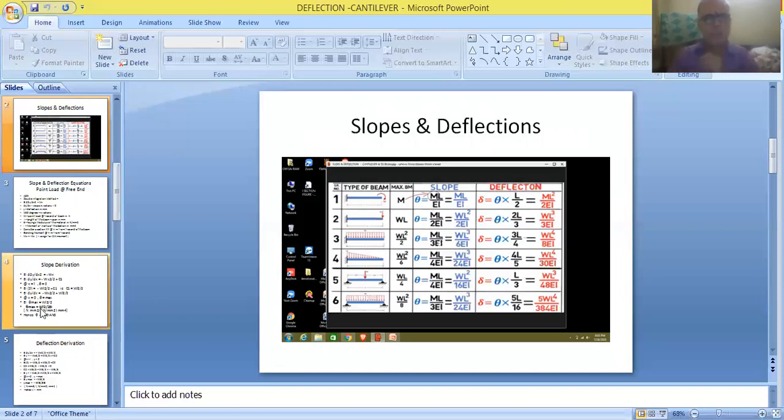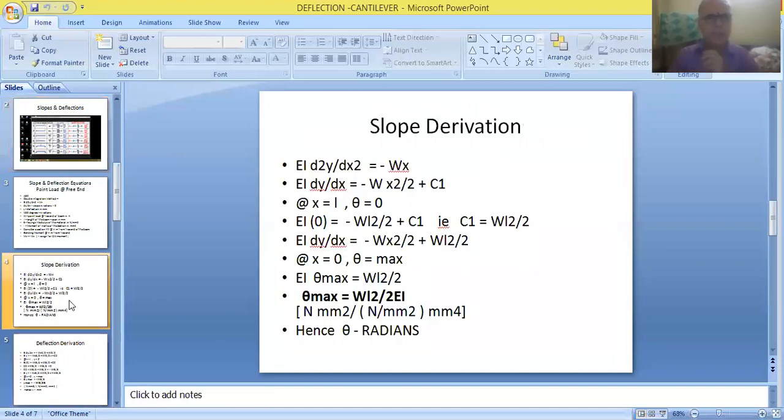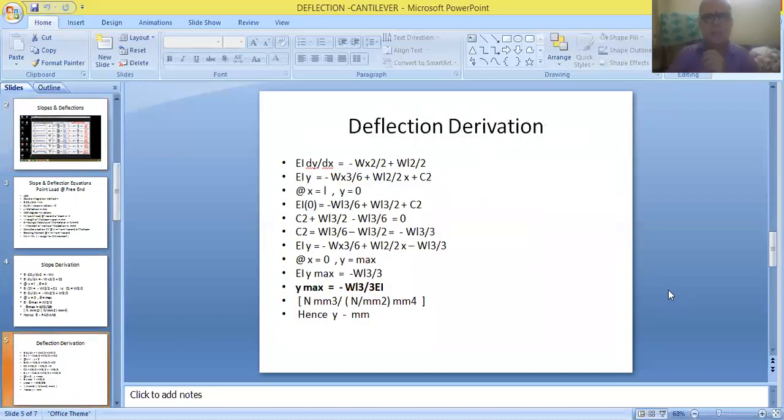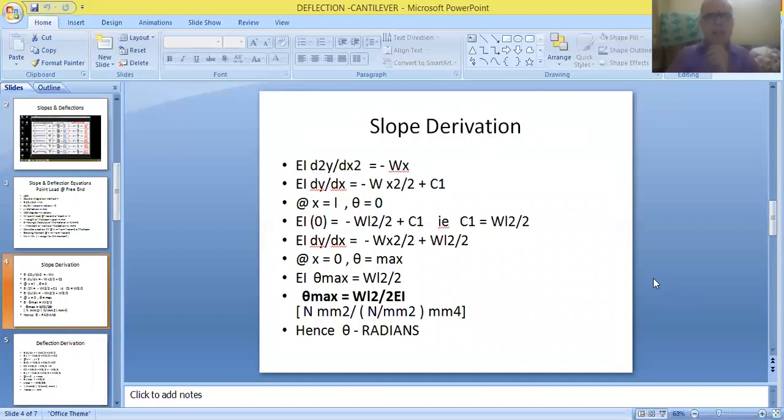So wx into x by 2 is obtained as wx square by 2.